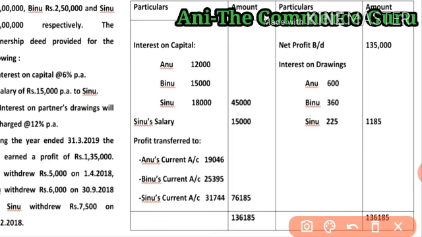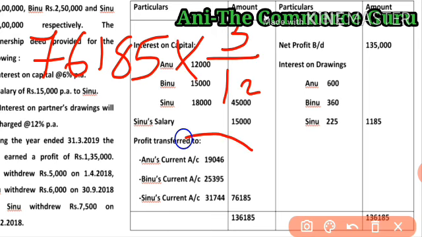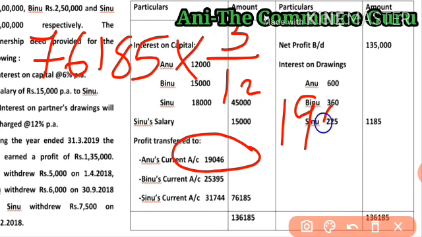Divisible profit is 76,185. Divisible profit belongs to all three partners. Out of this, Anu's share would be 3 divided by 12. It comes to rupees 19,046.25, 0.25 it comes.